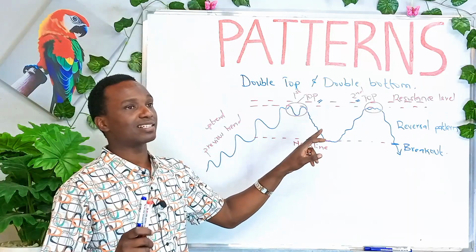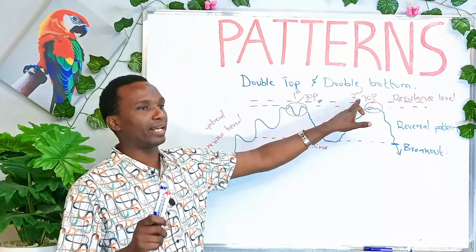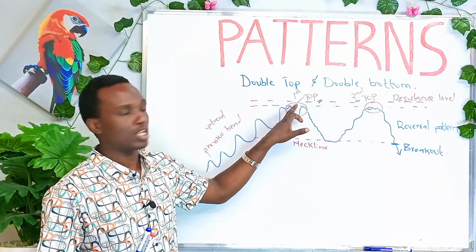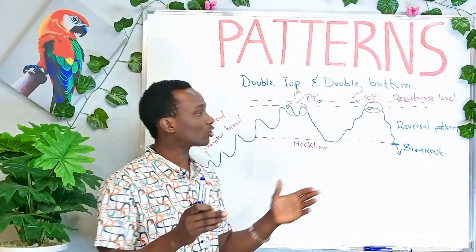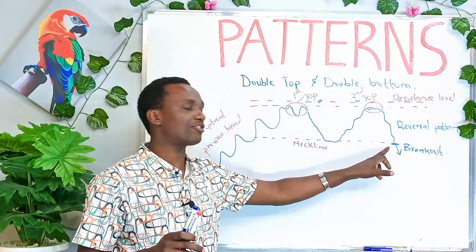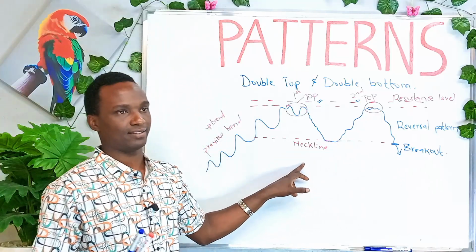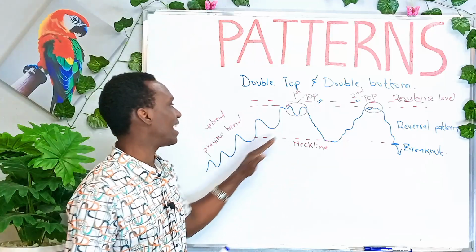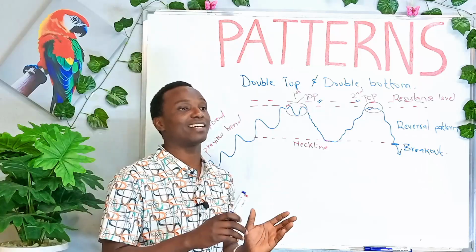You will notice that the second top was not able to break the high of the first top. So this is a strong sign that a reversal is going to occur after price breaks out through this neckline. And this is telling us that the buy pressure evident in the previous trend is just coming to an end.